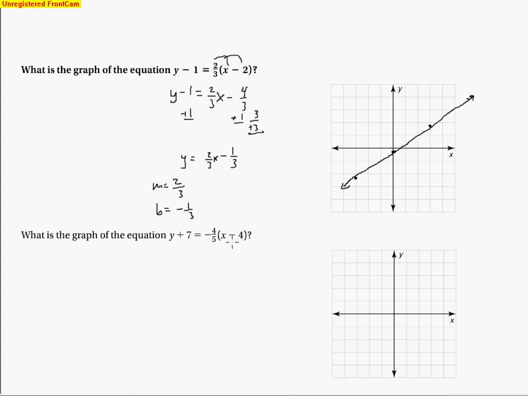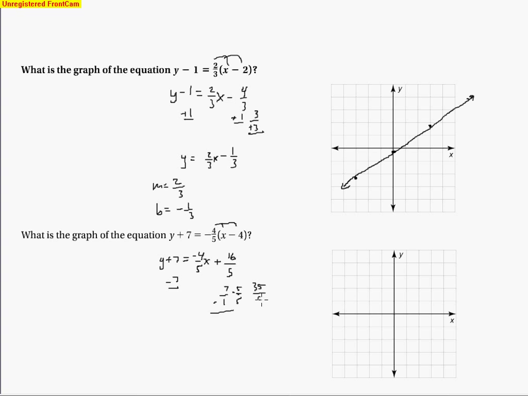So let's take a look at the next one. Again, it's in point slope form, so I'm going to distribute. So I've got y plus 7 equals negative 4/5 x, and then plus this time, because the 2 negative signs make it positive, and that makes 16/5. So when I subtract the 7 from all sides, I write that 7 as multiplied by 5/5, and so that makes 35/5.